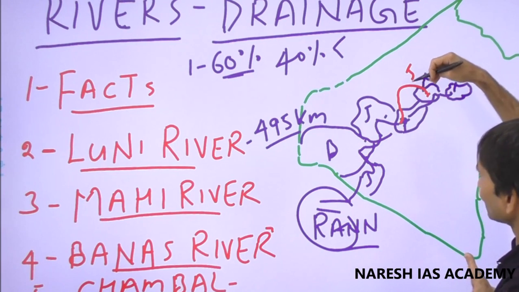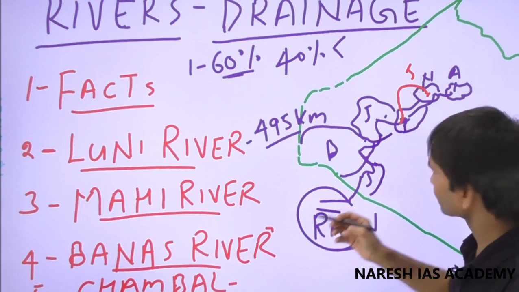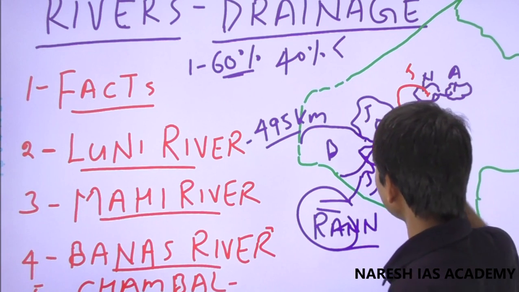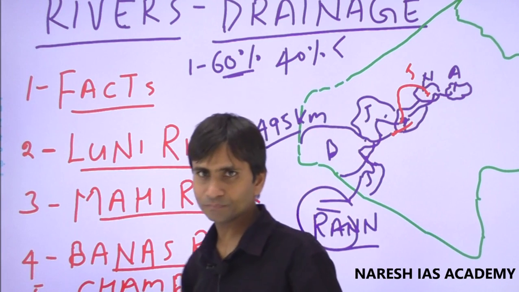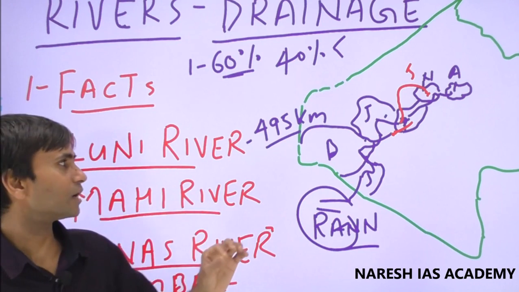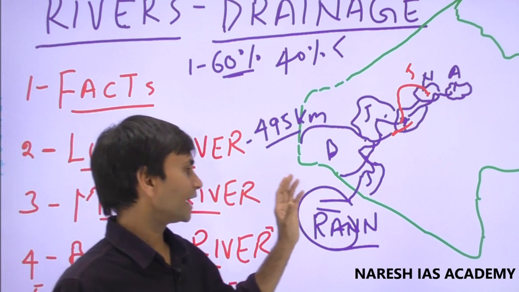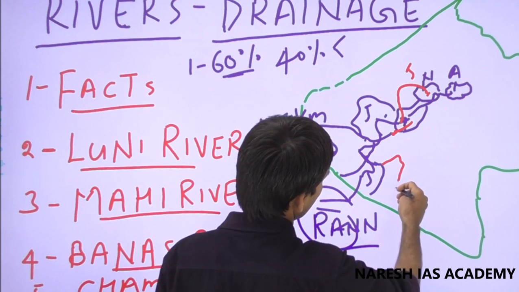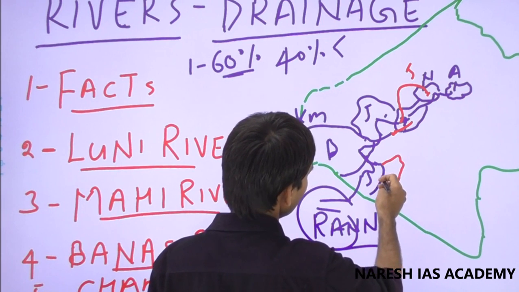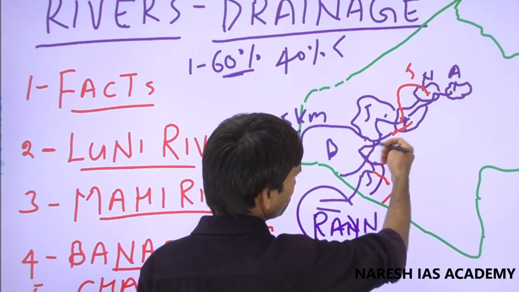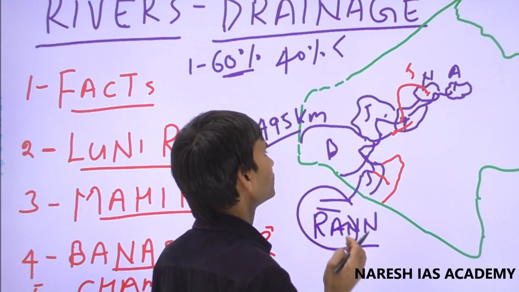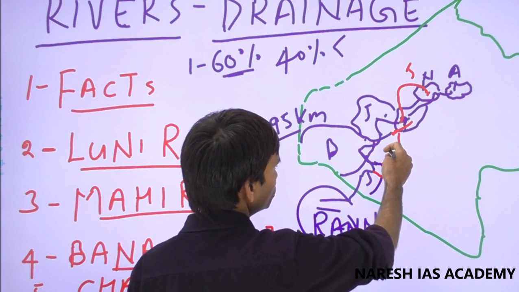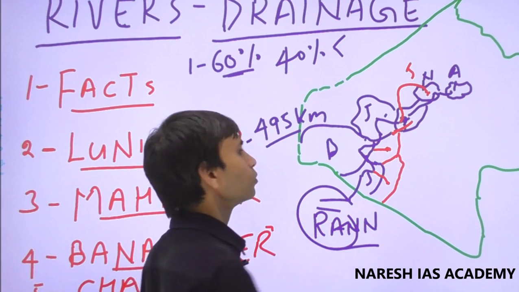There are some other tributaries, mainly left bank tributaries. In the Pali district, these are the Javai river and the Bandi or Hemawas river. In the Sirohi district, the Khari river is a left bank tributary of the Luni, and the Sukri river in the Jalore district joins the Luni river.